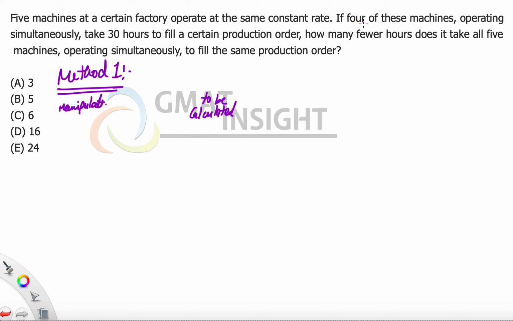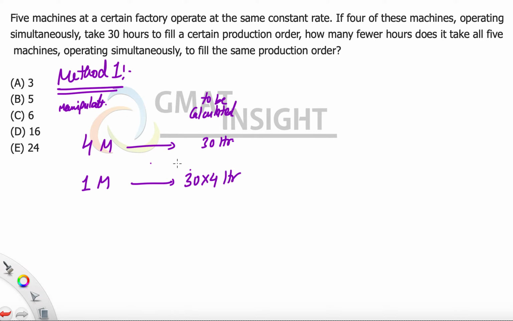For example, here we have to calculate the number of hours, so we write it this way: 4 machines take 30 hours to fill a certain production. That means one machine will take 30 times 4 hours.